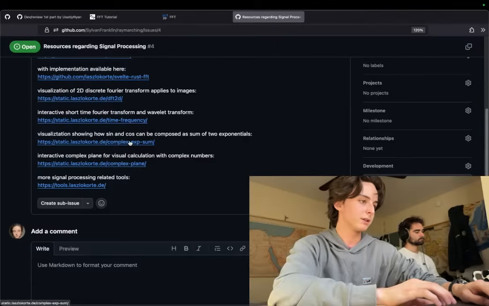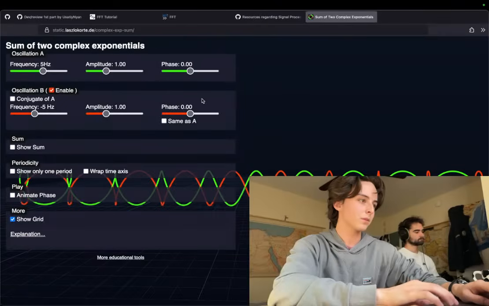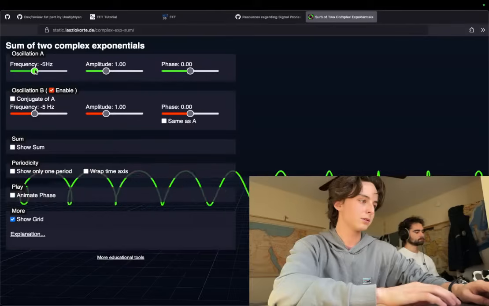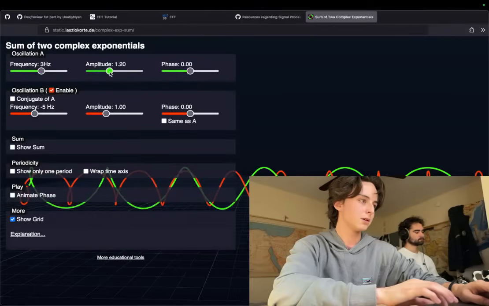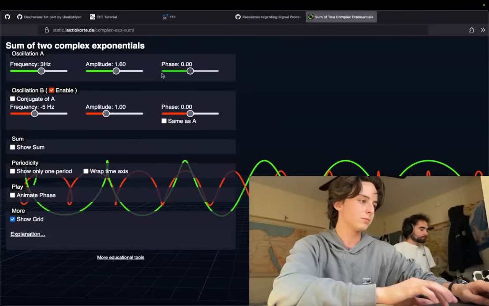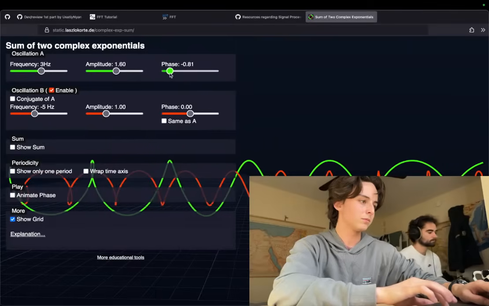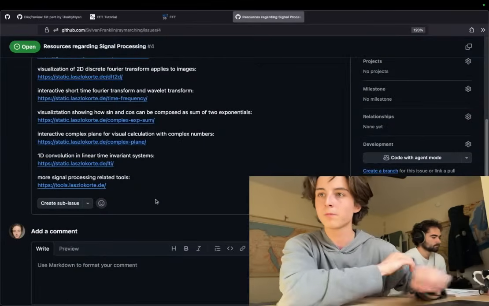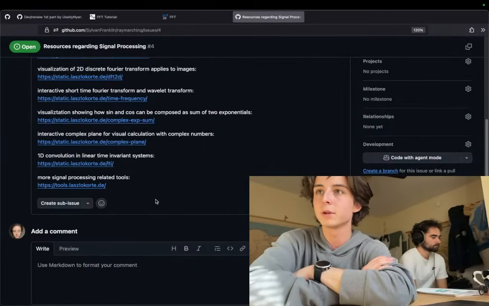Signal processing related tools. So this looks kind of similar. Two complex exponentials. Yeah, I think you're right. This is not the best first resource.